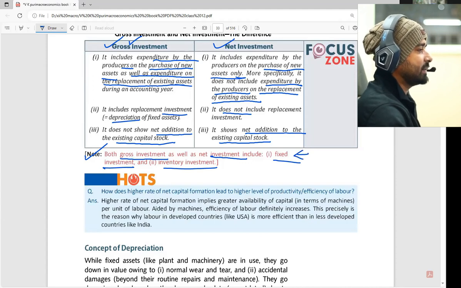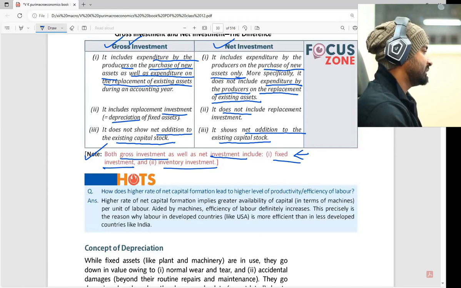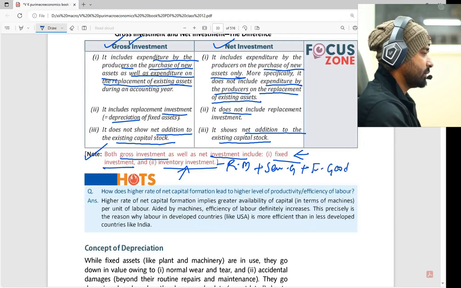Fixed investment, what we have seen, is the investment done in fixed assets, all the plant and machinery or things we are using for a long while. But inventory investment, indirectly, will include raw material, if you remember, plus semi-finished goods as well as finished goods, right?